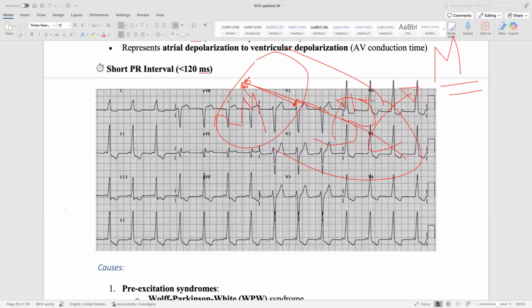Because the axis, instead of giving normal negative, will give super negative, which is normal in V1, but in presence of M shape in the lateral leads, in 1 or 2 or 5, 6, instead of M, there will be deep S or ST segment depression equal M shape. That is left bundle block.